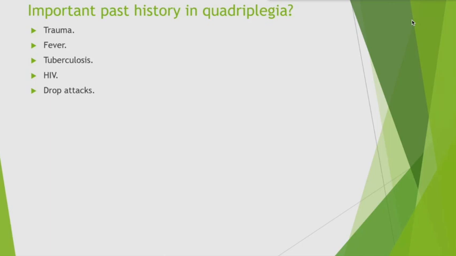In the seroconversion stage, HIV can produce something like Guillain-Barré syndrome. It can also present as AIDP, or rarely as CIDP later on.